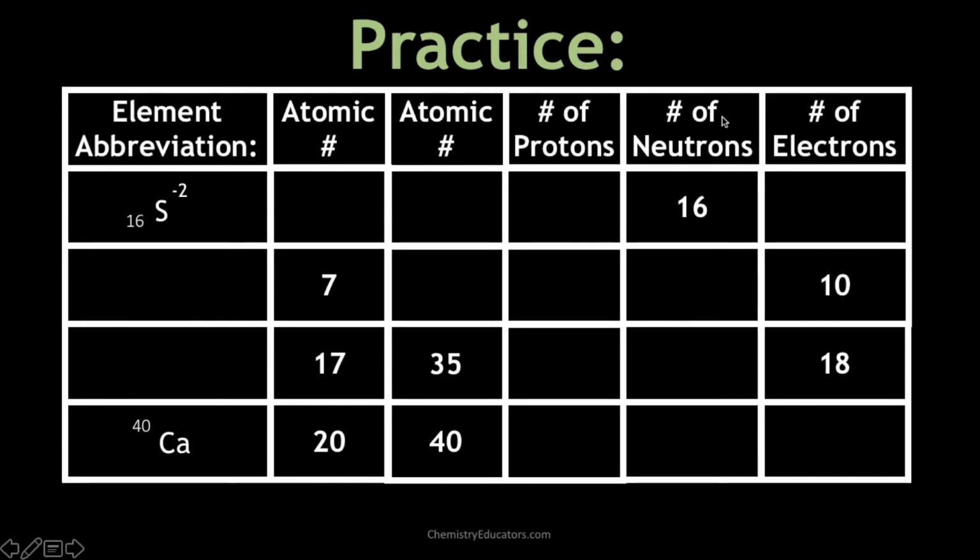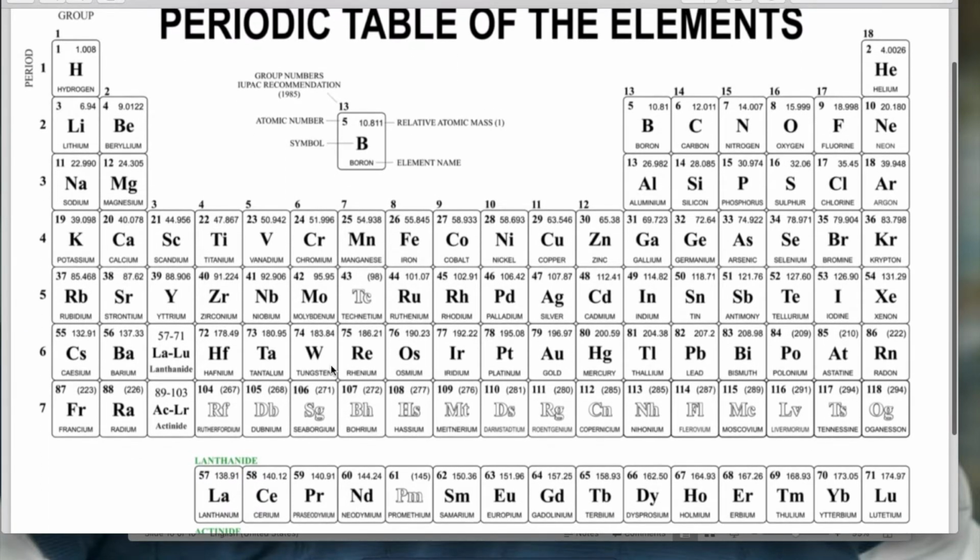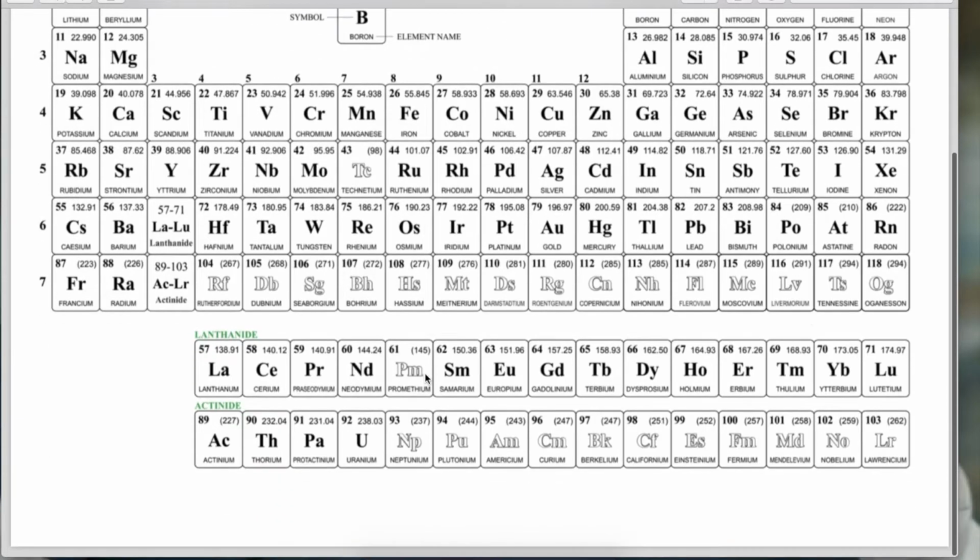So basically it's going to say we have sulfur, right? And we know sulfur is the element we're talking about because it has the S here. And the number of neutrons, we have it at 16. So if you look at the periodic table, maybe I can pull it down. There they are.